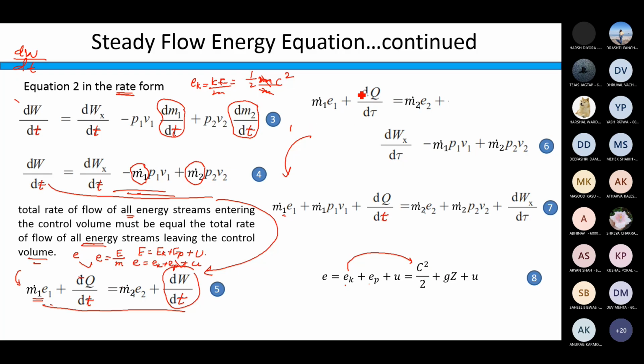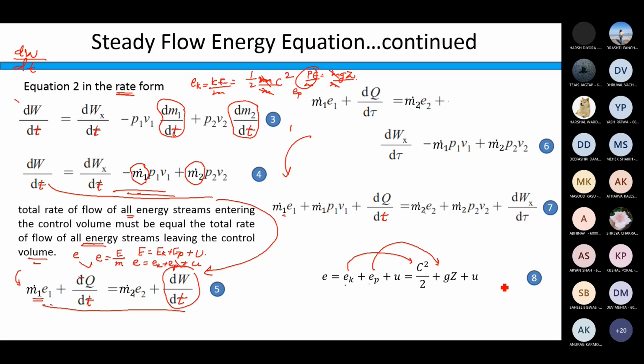And in the same way, we know the potential energy, we write it like m g z, right? If you divide this by mass, the potential energy per unit mass, Ep, will be equal to g z. So this term is replaced by g z, and this u, the specific internal energy, will remain as it is.